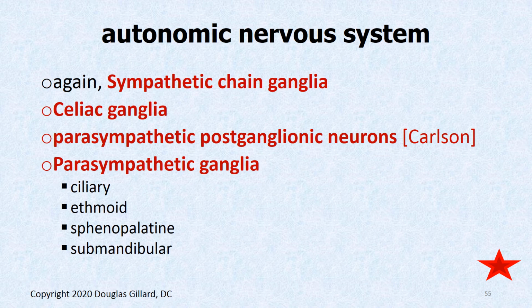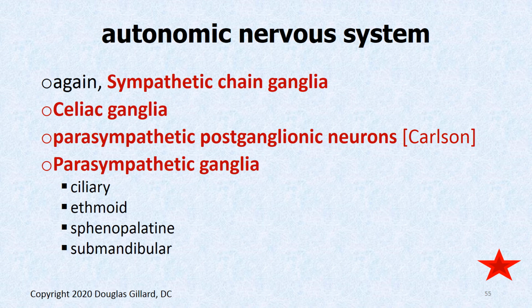The autonomic system, so we're back to what do neural crest cells morph into, the ANS. I think we said that already, but let's look at it a little more deeply. Sympathetic chain ganglia. Okay, we already said ganglia, but celiac ganglia is also derived from neural crest cells.